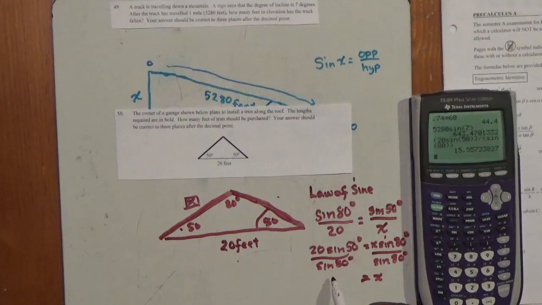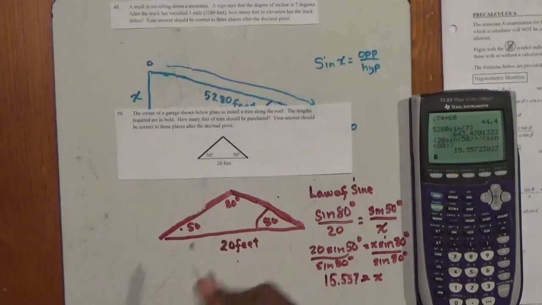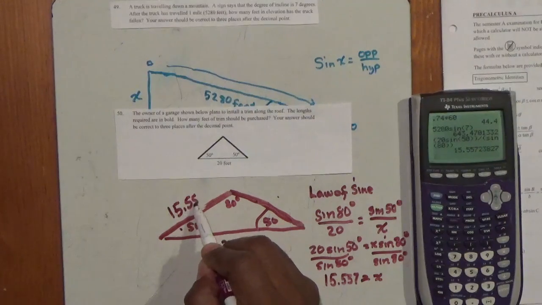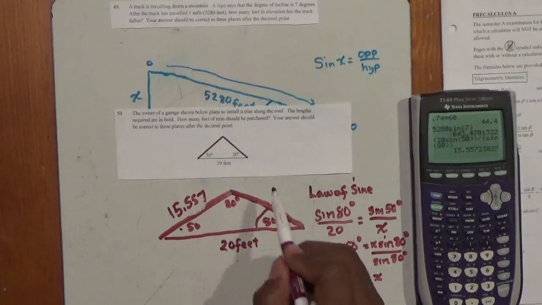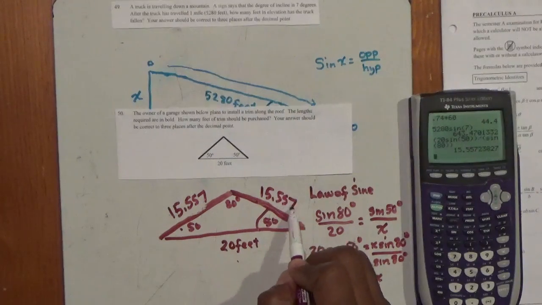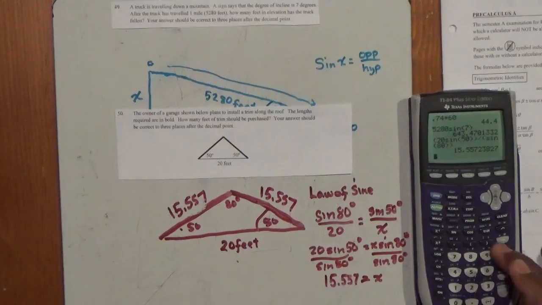It tells me that that side is 15.557. That means this is 15.557, and this is also 15.557.